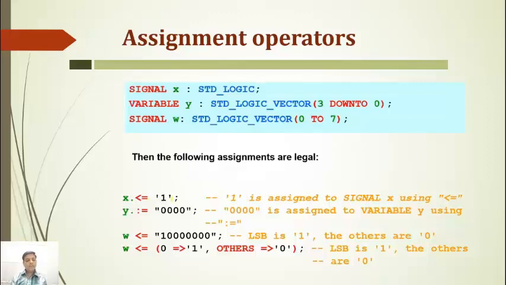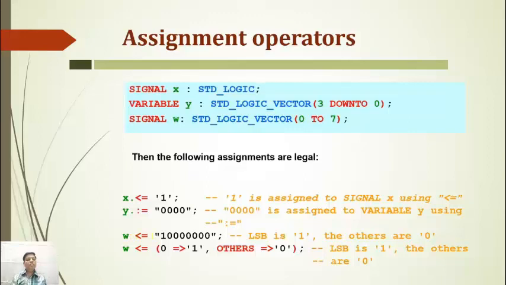Y colon equal to double quote 0 0 0 0 double quote, semicolon. It is the variable assignment. So 0 0 0 0 is assigned to variable Y using colon equal to.